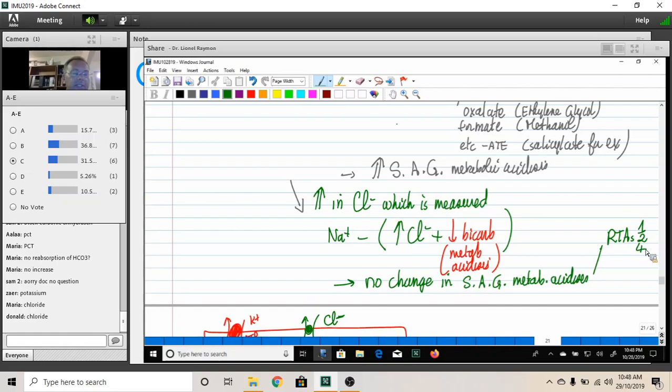Diarrhea is going to cause also a normal serum anion gap because of the hyperchloremia that comes with it. Well, hopefully that's going to have, with that one question, help you understand better both the proximal tubular function there and the intercalated cells and how we measure the acid output and urine anion gap. You okay with this one?